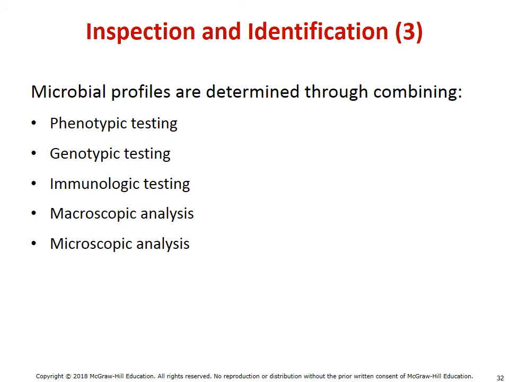I do want to point out that we traditionally don't just use one of the options. We usually use a variety, producing a microbial profile. So you'll look at the physical features of growth, you'll do genetics testing, you'll test it using immunologic practices, and even use micro and macroscopic analysis on things like the petri dish and on a microscope.